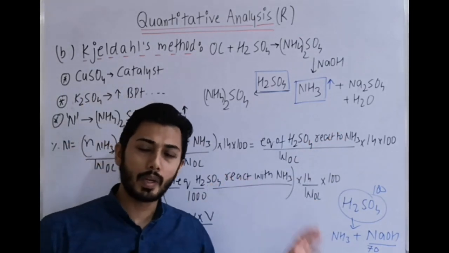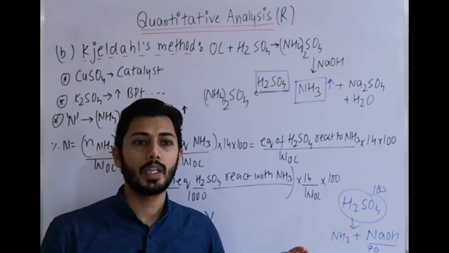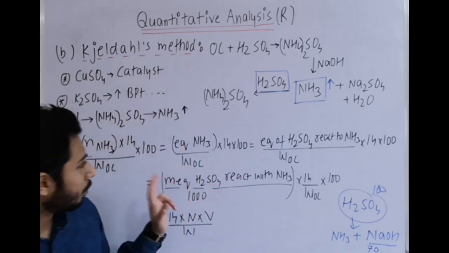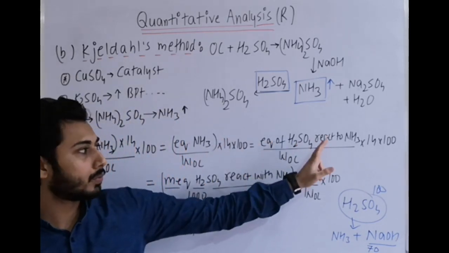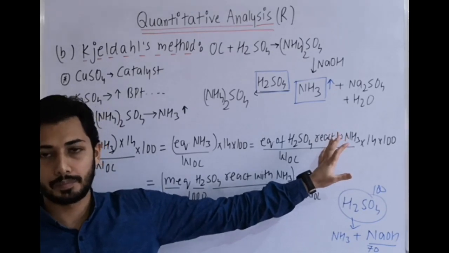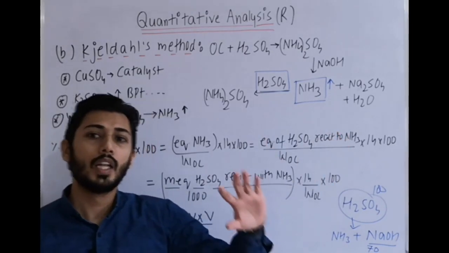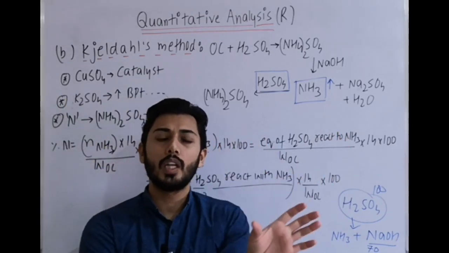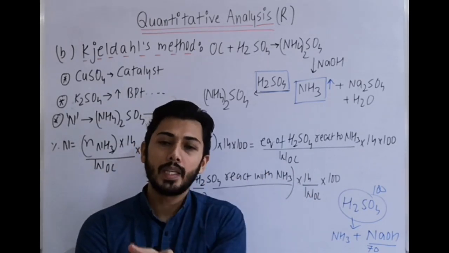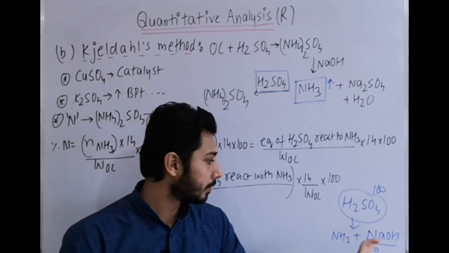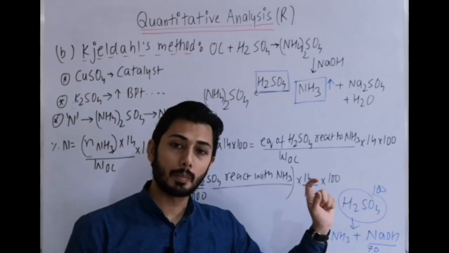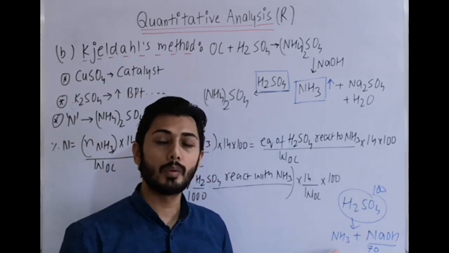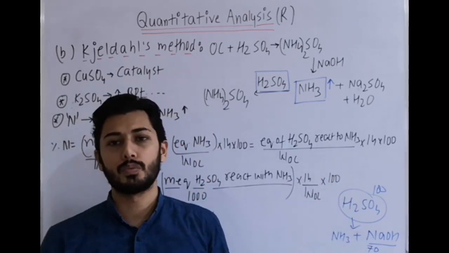So we'll do the numerical on that, but the important point is that we have to find the equivalents of H2SO4 reacted with ammonia finally. If excess of acid is given, then we find the total equivalents of H2SO4 minus the equivalents of base, that is NaOH. This subtraction will give the equivalents of ammonia which reacted with H2SO4.